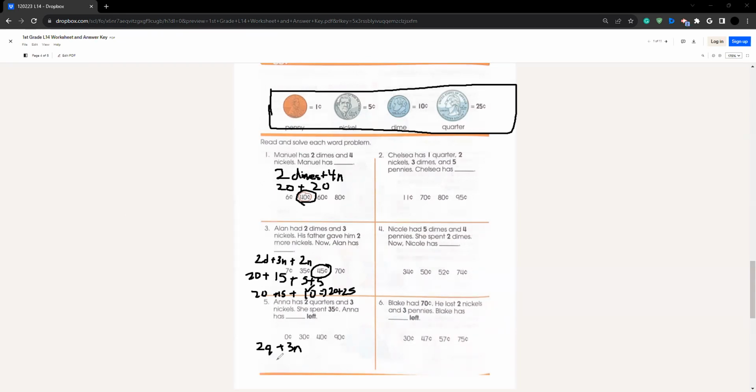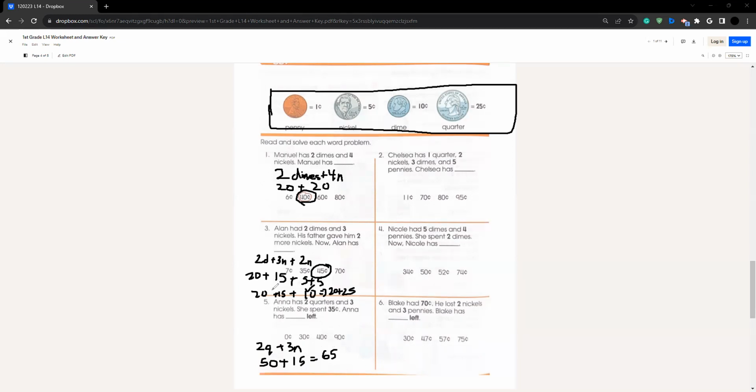So if a quarter is 25 cents each, 2 of them is 25 plus 25 is 50, plus, from the previous one, 3 nickels is 15 cents. So 50 plus 15, 65. Because 0 plus 5 is 5, and 5 plus 1 is 6. So combine the two numbers, 65.